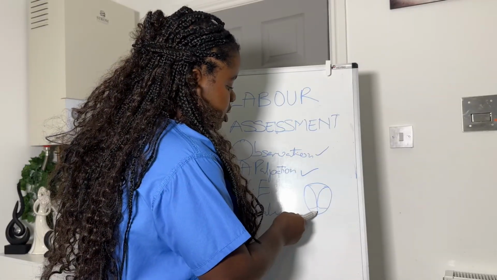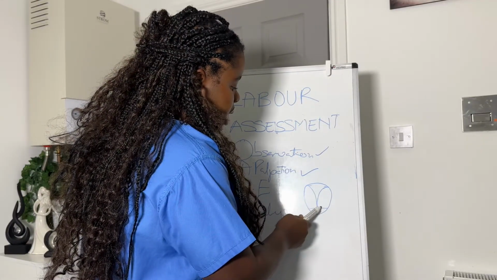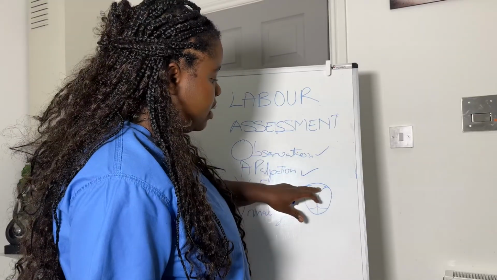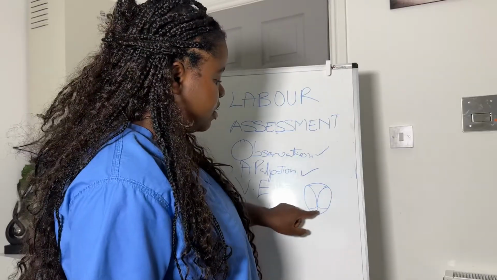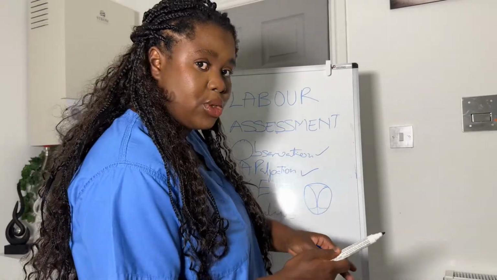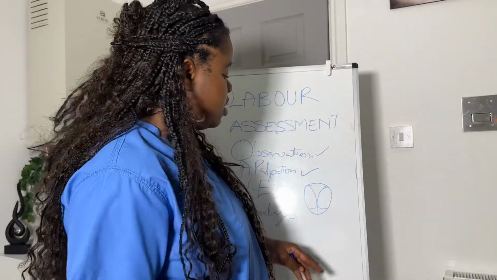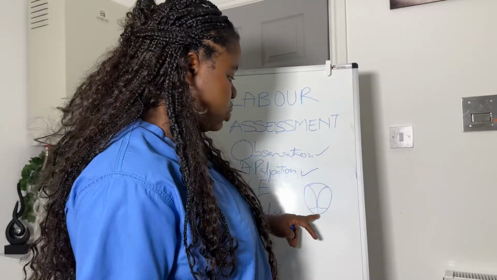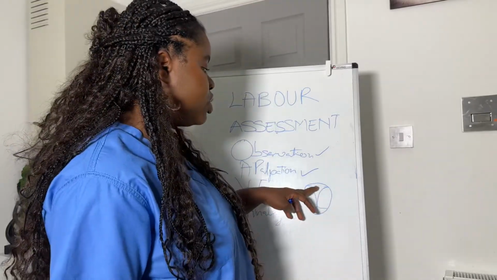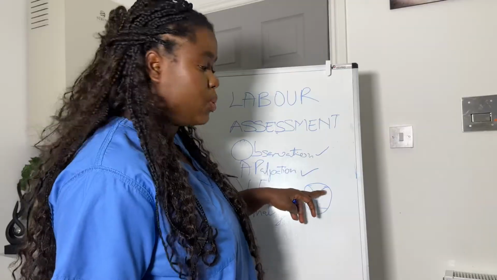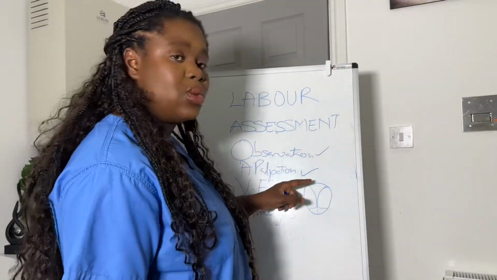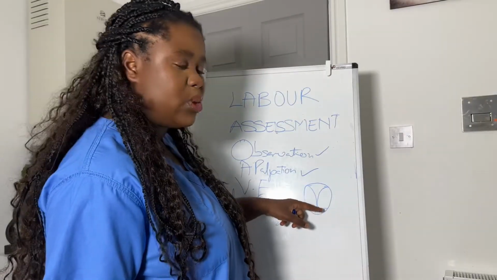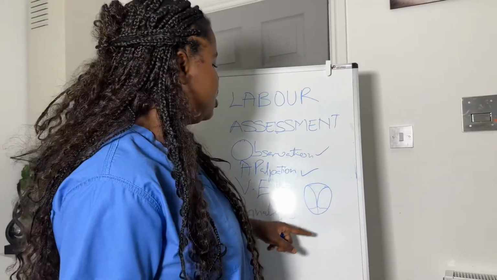These are the sutures, the lines, and these are the fontanels. So we have the posterior fontanel, we have the anterior fontanel. The anterior fontanel is 2 bones merging together, but they are always together. But the posterior fontanel is just 1 bone. And that's what we call the occiput, and this one we call the sinciput.